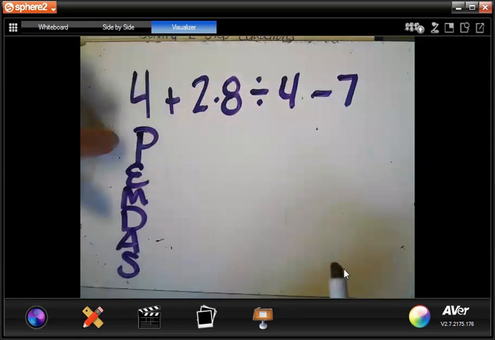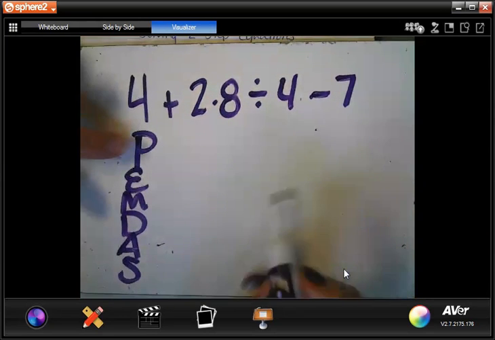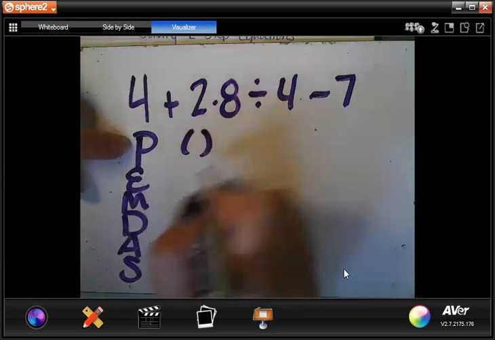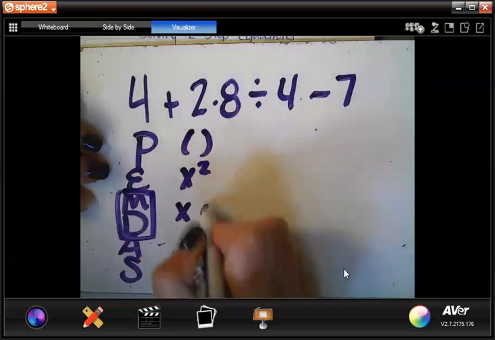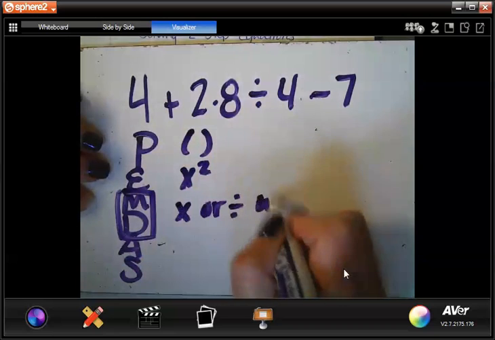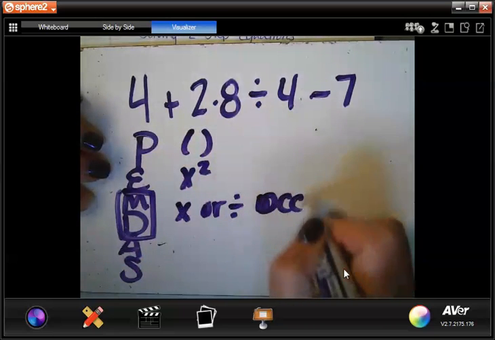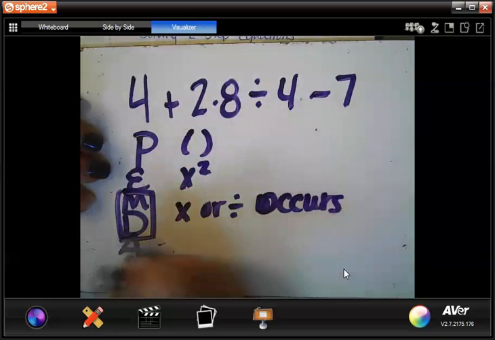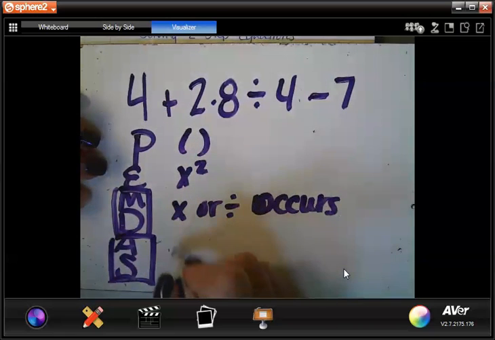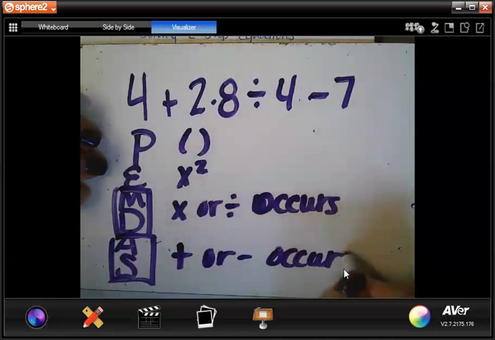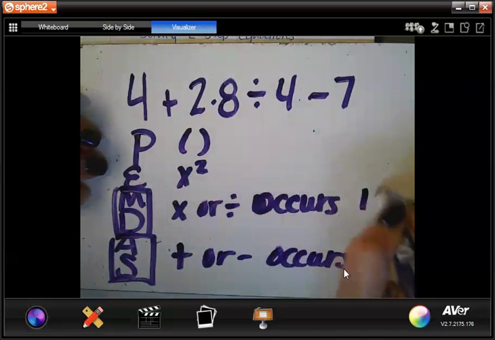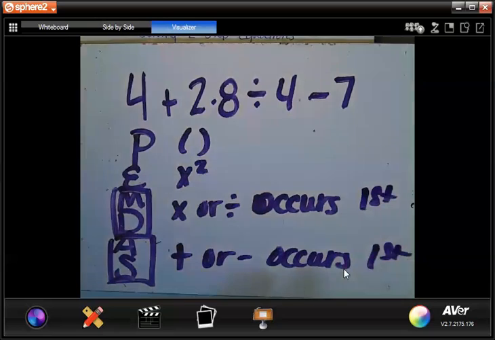PEMDAS stands for parentheses, exponents, multiplication or division, whatever occurs first, and then addition or subtraction, whatever occurs first.